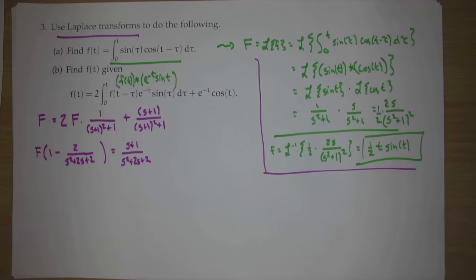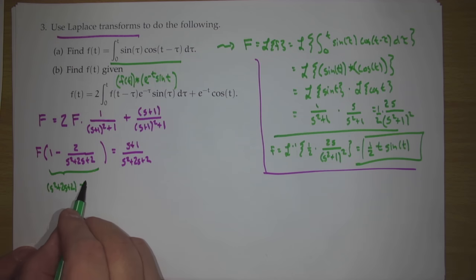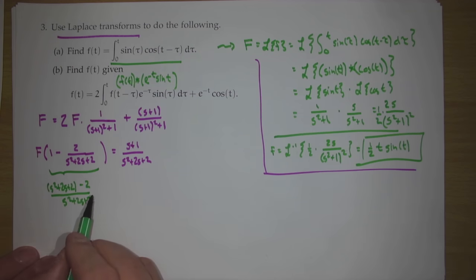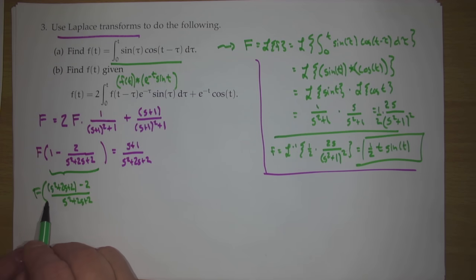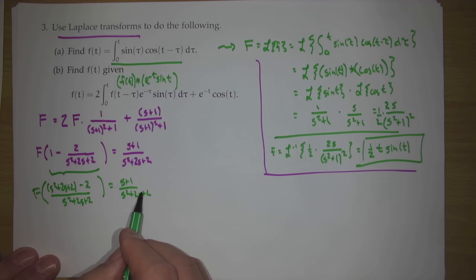All right, algebra. What do we do here? Combine with a common denominator, s squared plus 2s plus 2. So s squared plus 2s plus 2 minus 2 over s squared plus 2s plus 2, and that's times F, equals s plus 1 times s squared plus 2s plus 2.